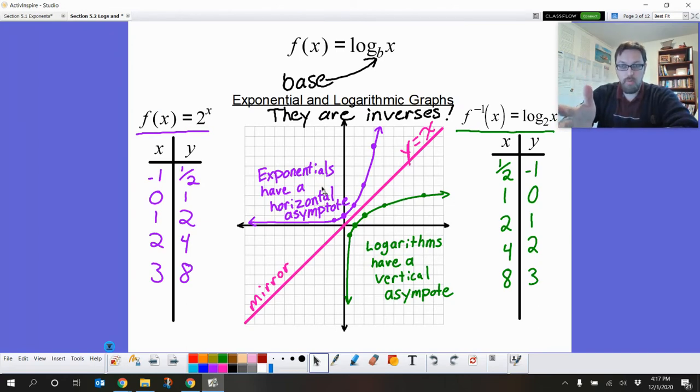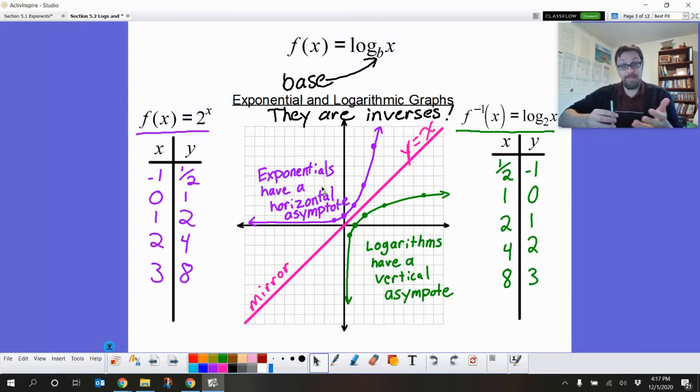We know what the square root of 4 is because we know what 2 squared is. We can't do the square root of 4 without thinking about what is 2 squared. Squares and square roots are inverses of each other. Logs and exponentials are inverses of each other. So it is a similar relationship between the two of them.